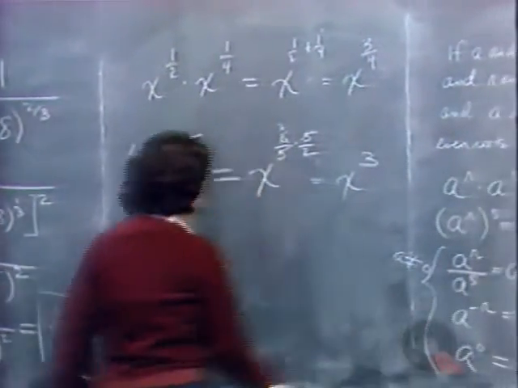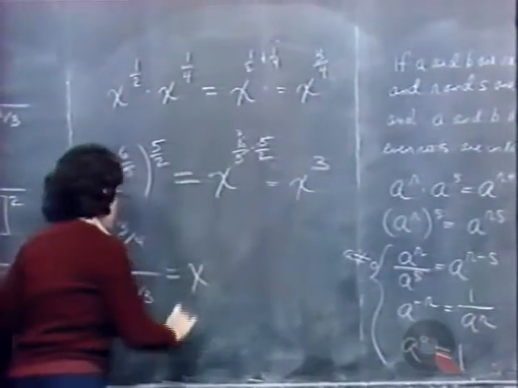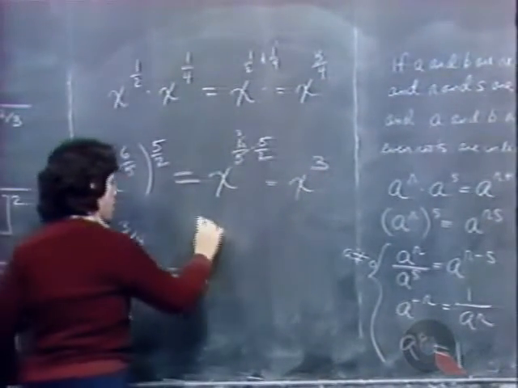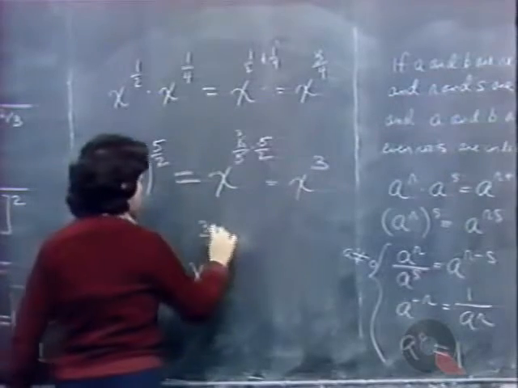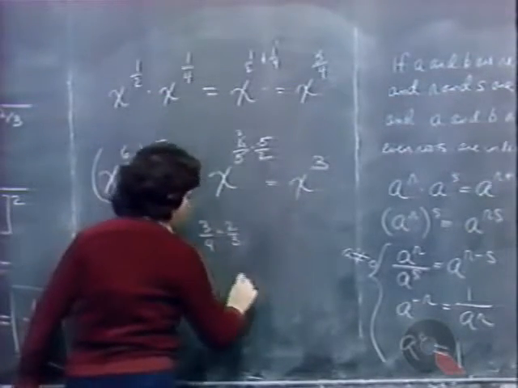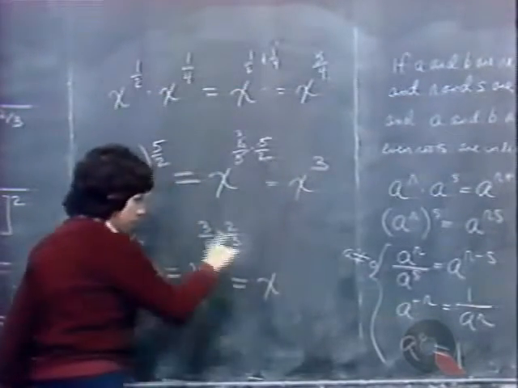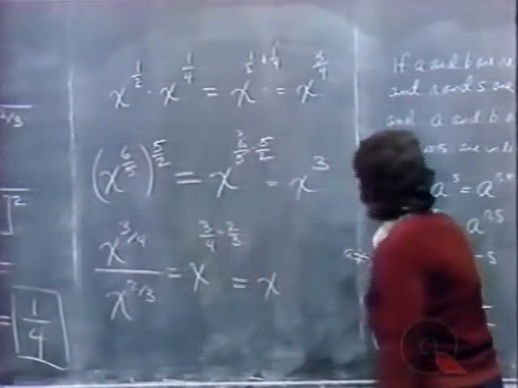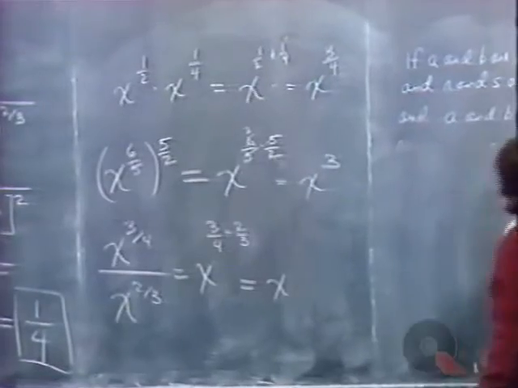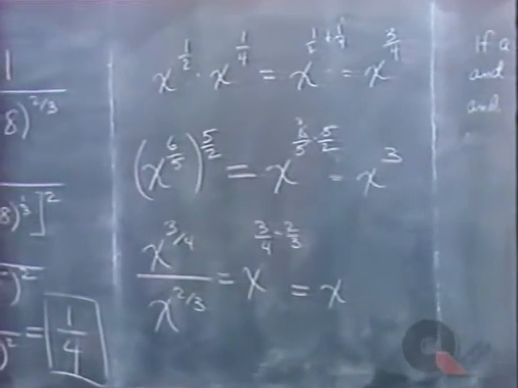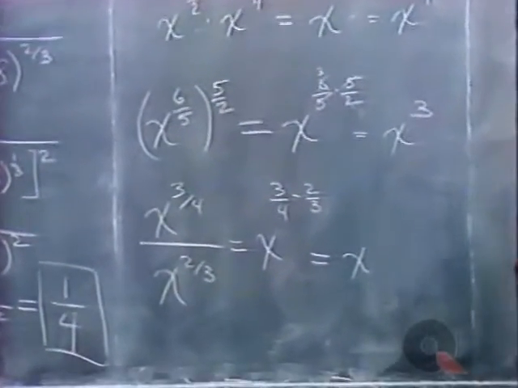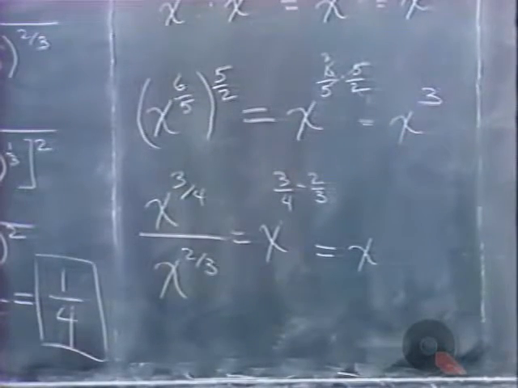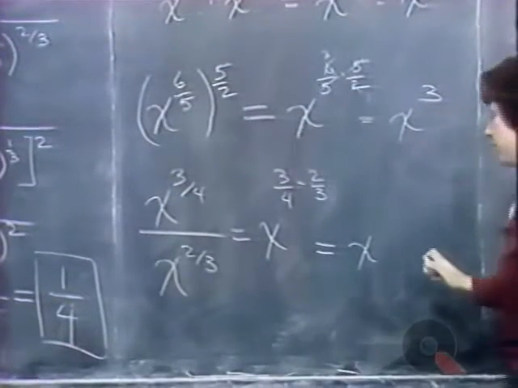You're dividing, so you keep the same base, and you subtract the powers. 3/4 minus 2/3. In order to be able to subtract these fractions, we would like to have the same denominator. So we build fractions equivalent to these that have the same denominator. The lowest common denominator here, of course, is 12. It happens to be the product of the denominators.